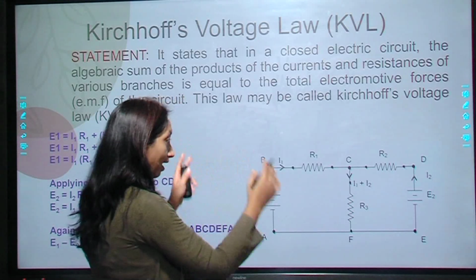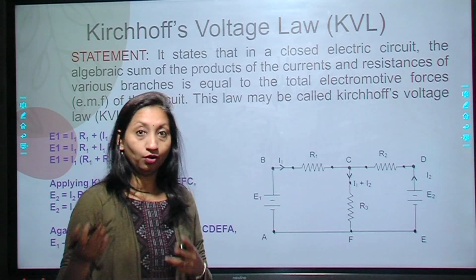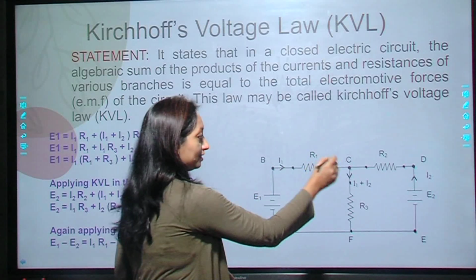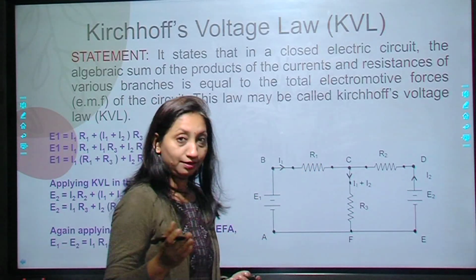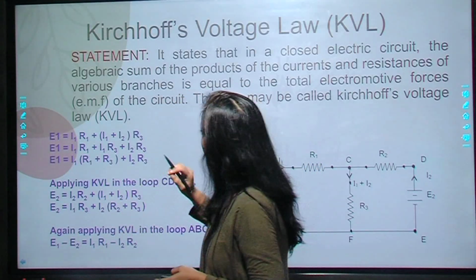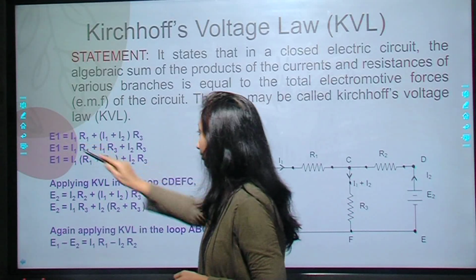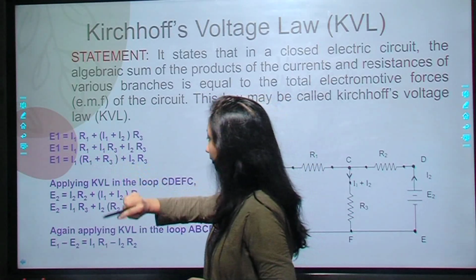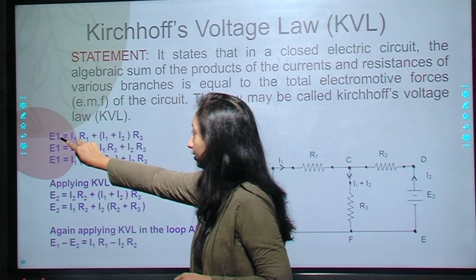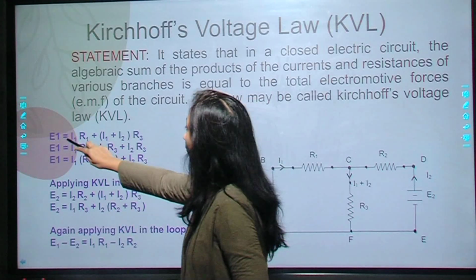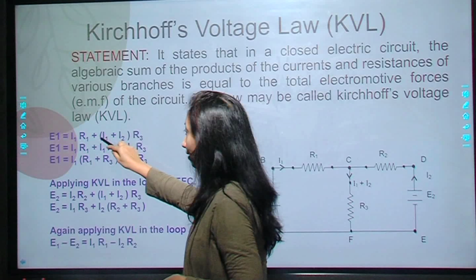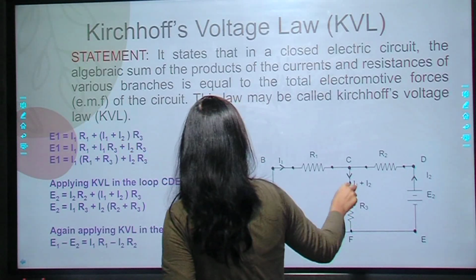Now if we apply Kirchhoff's voltage law in the loop A, B, C and F, we can calculate that E1 equals I1 R1 plus R3 is one resistor.